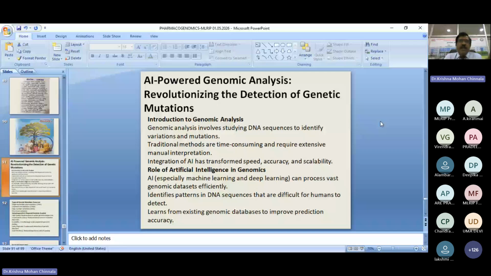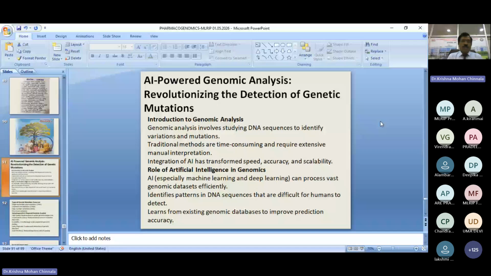Like HPLC previously, we used to take the samples and inject into the column and turn on the pump and everything. But now it is automated, everything it will take care of and give you a printout of the result. Such automated or advanced technologies, whether AI or others, can be used to improve the efficacy and the safety of drugs.